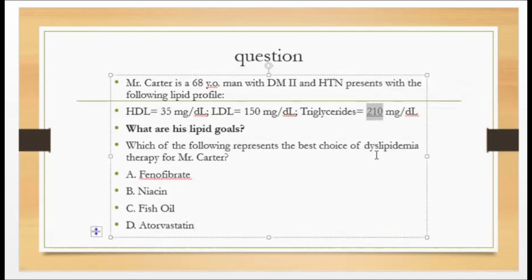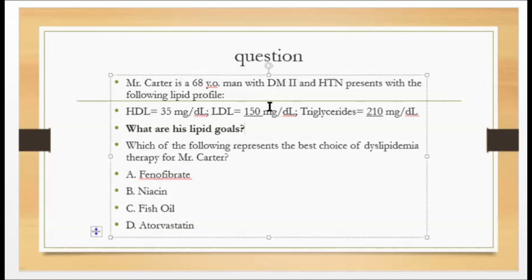Okay, it's lifestyle management. So you go and deal more with this LDL that is high because you want this LDL to come down. And remember, this is a 68-year-old. Okay, this is a 68-year-old. And this patient has diabetes, this patient has hypertension.